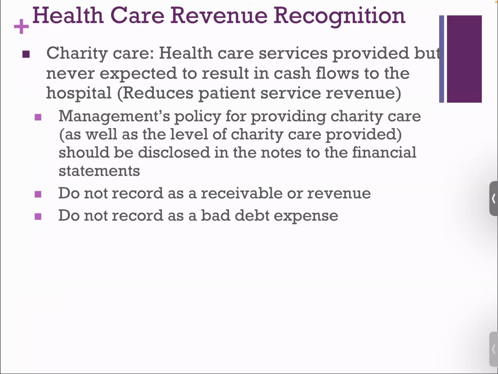Now remember, for revenue recognition, there are two things that have to happen in order for us to recognize revenue. We have to provide the good or service, and in this case we're providing care. But the second thing is we have to expect to be paid, or believe that the person receiving our good or service has the ability to pay us.